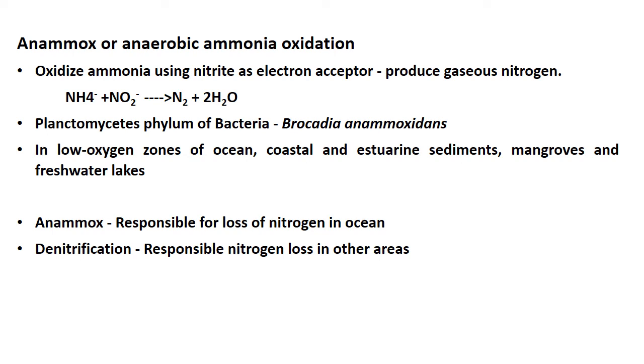They oxidize ammonia by using nitrite as the electron acceptor. They carry this out in the absence of oxygen. Anammox bacteria are found in low oxygen zones of oceans, coastal and estuarine sediments, mangroves and freshwater lakes. This process is responsible for a significant loss of nitrogen in the ocean.